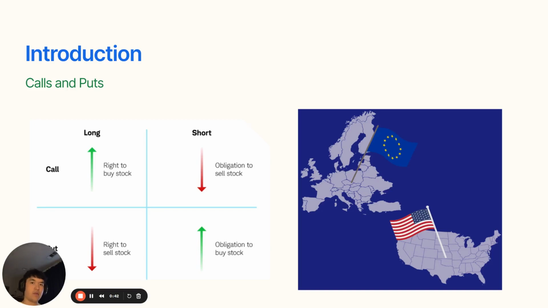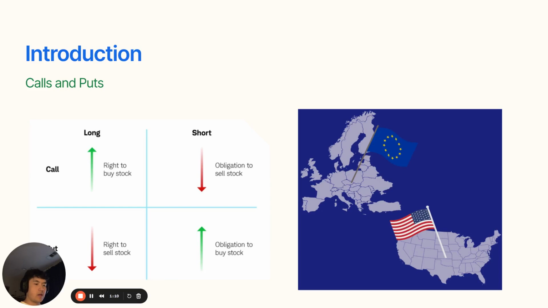So, for example, I have a pair of scissors and I make a call on it for $5, and the price of scissors, for whatever reason, shoots up to $10. I have the guarantee to buy that pair of scissors for $5 and then sell it for $10, which gives me a $5 profit.